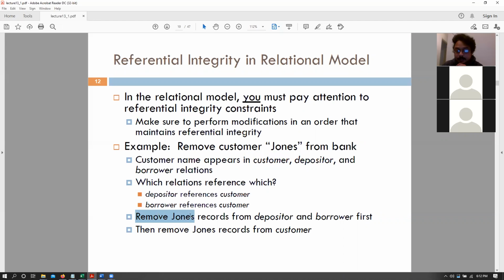We need to basically remove Jones from the depositor and borrower first, and then be able to remove Jones from the customer, right? So that was referential integrity, but do we remember maybe a constraint or a rule that would allow us to remove Jones from the customer table without us worrying about which tables to remove them from?